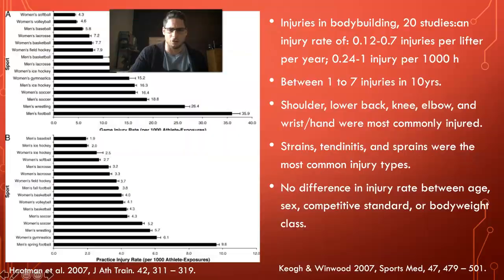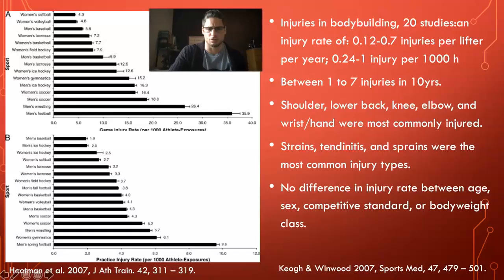Okay, so first off, I just bring your attention to this nice study here by Hootman, published back in 2007, and it is the injury rate per 1,000 athletes, related to practice and to game time here. You can see where it says men's football, that's American football, down at the bottom here, and here we've got soccer and wrestling.